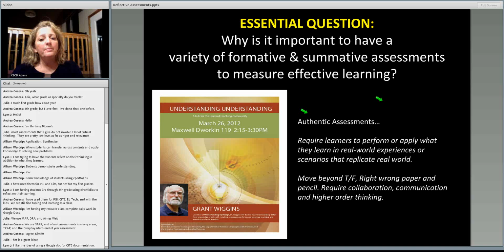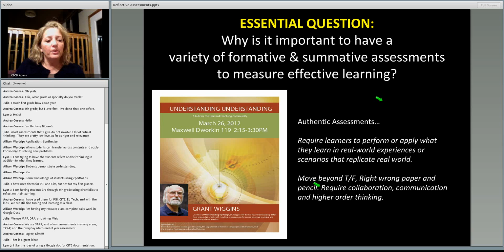And moving beyond the low-level true/false, this goes right along with what we've all been saying at the beginning of this webinar, moving from right/wrong, paper and pencil, to where the learning requires collaboration, communication, and higher order thinking. So I think this last part right here is key to the use of technology and the tools that we're going to be looking at.